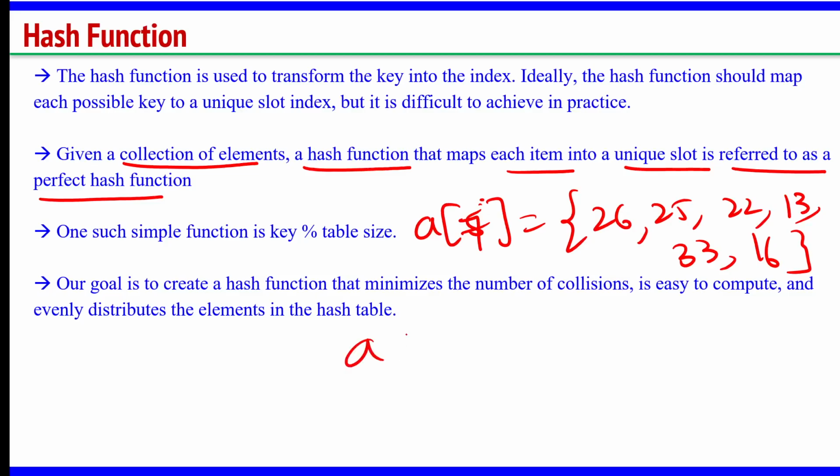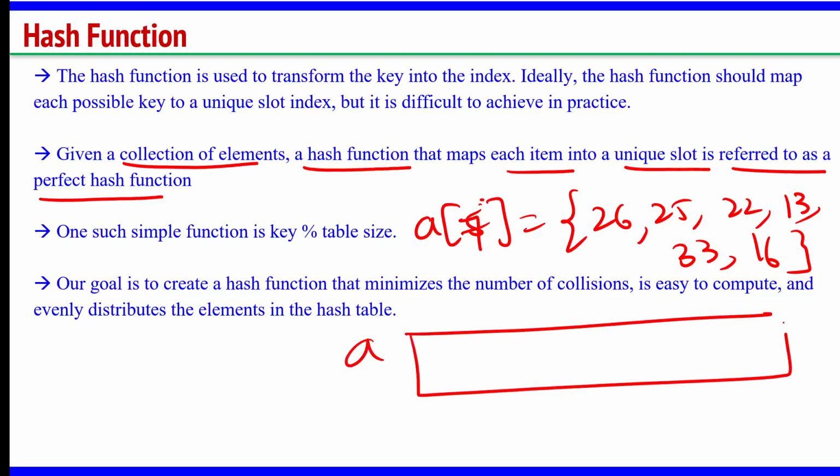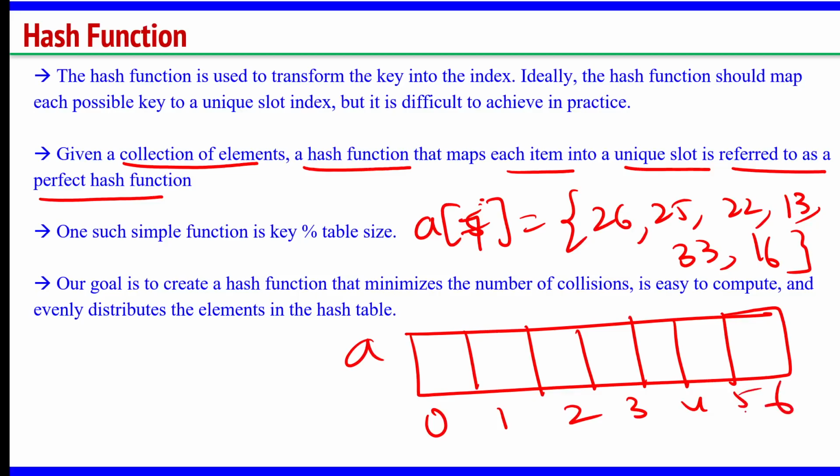I have this array of size 7, with locations 0, 1, 2, 3, 4, 5, 6. So what is the hash function value? Take the key modulo table size: 26 mod 7. 7 threes are 21, therefore the remainder is 5. So I will put 26 in location 5.